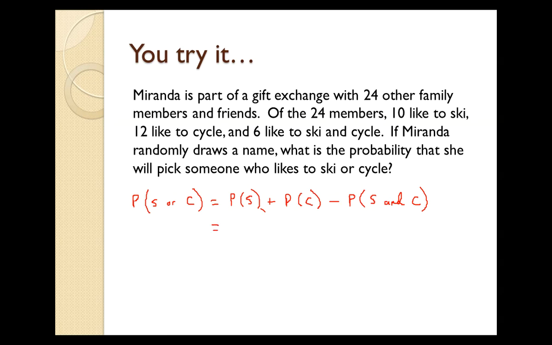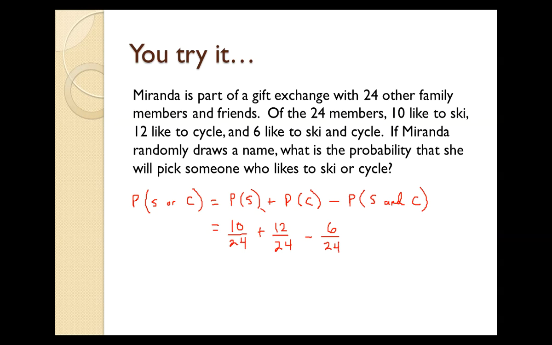And all these things are pretty easy to calculate. So 10 of the 24 like to ski. 12 of the 24 like to cycle. That's 22, but that would count the 6 people twice who like both. So we have to subtract that off one time.